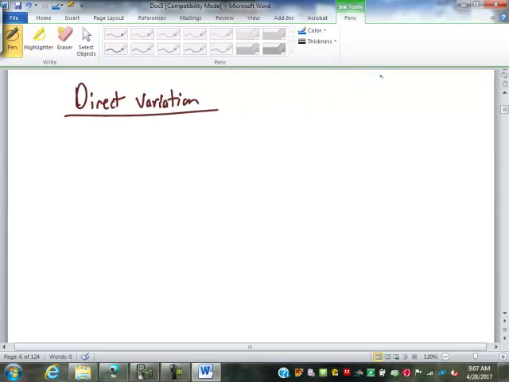So when we're looking at direct variation, we have some general forms of equation that we can look at. First of all, direct variation is sometimes referred to as a constant ratio. In other words, it's proportional. The ratio between the two variables will stay the same.